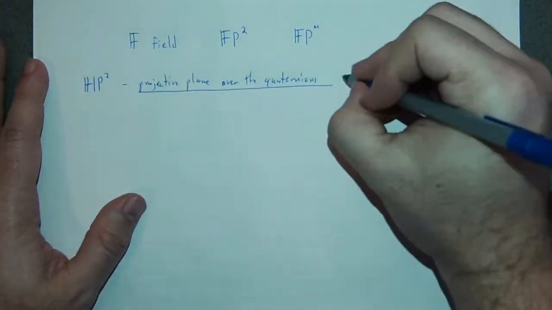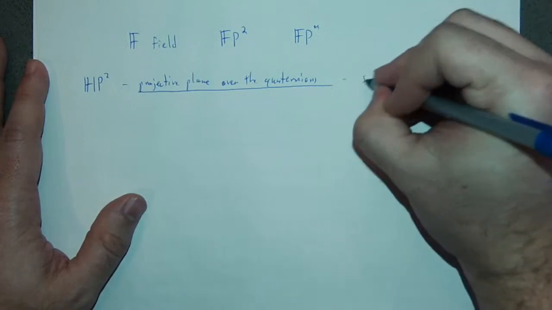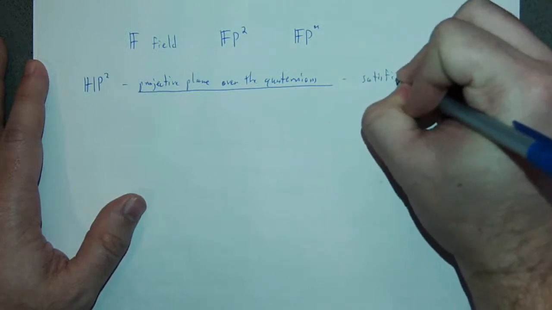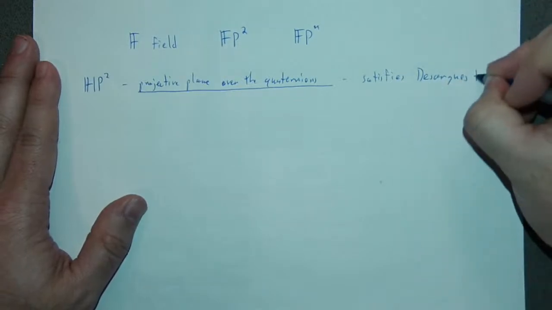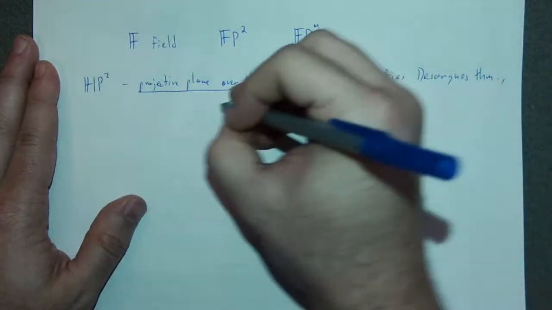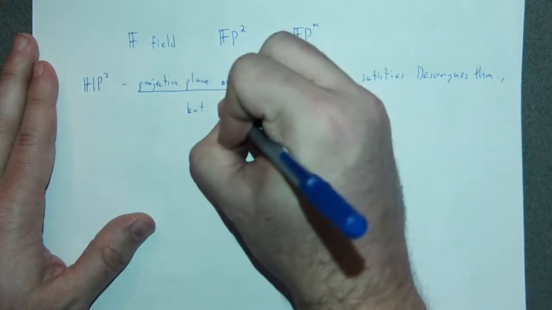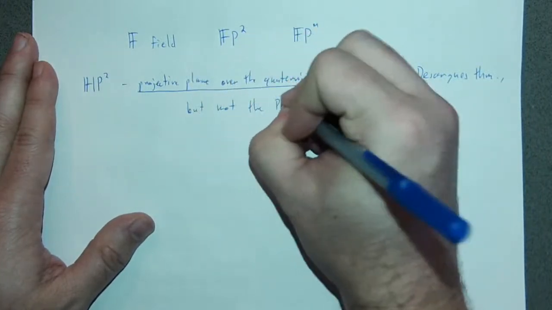And so this is an example of a plane that satisfies Desargues' theorem, but not the Pappus theorem.